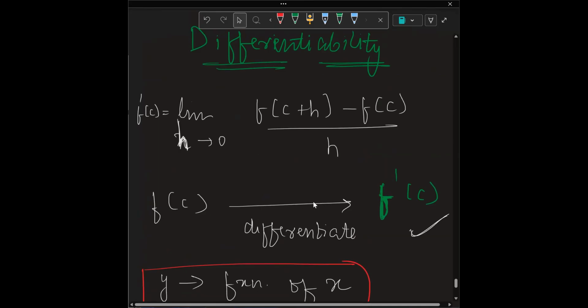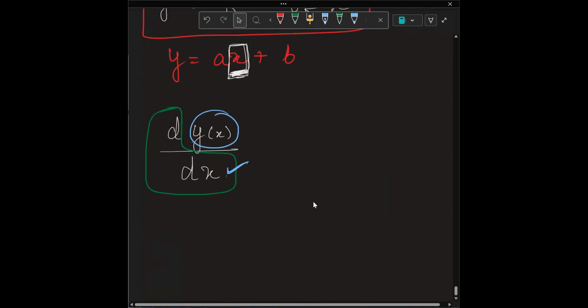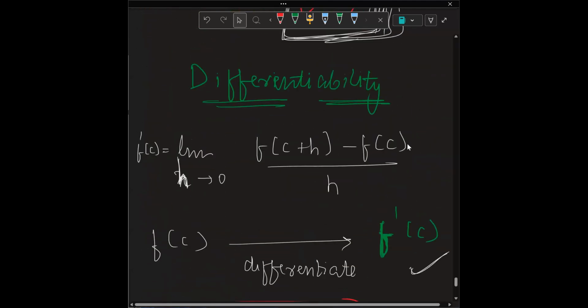So can you prove that the differentiation of sin x equals cos x using the first principle of differentiability? Prove it and show me, using the first principle.